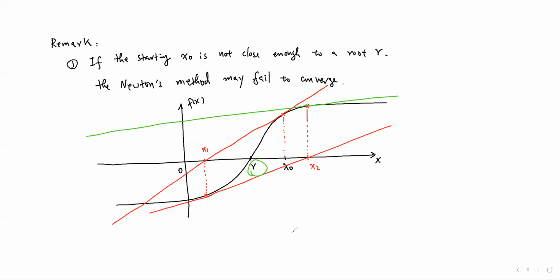One drawback. The second drawback is, the Newton formula is this. A big drawback is that this method requires the derivative of the function f.